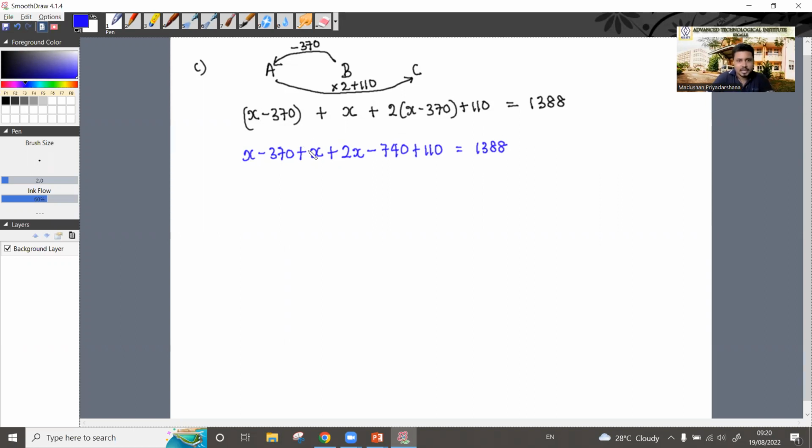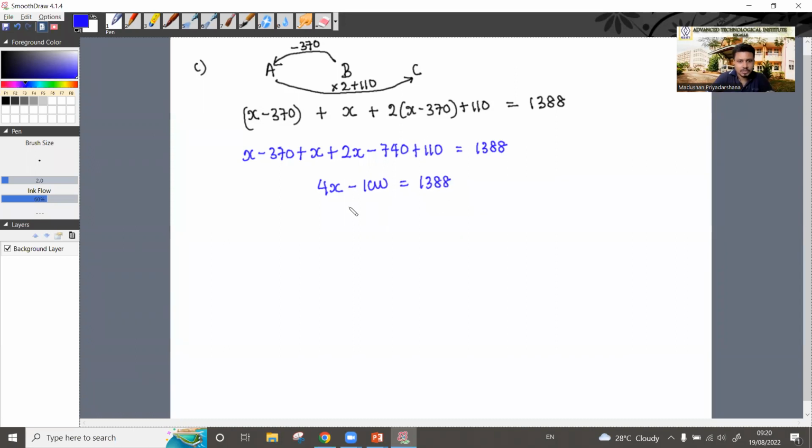See here, like terms together, x plus x, 2x, 2x plus 2x, that is 4x. Here, minus 370, minus 740, plus 110, that should be minus 1000, equals to 1388.